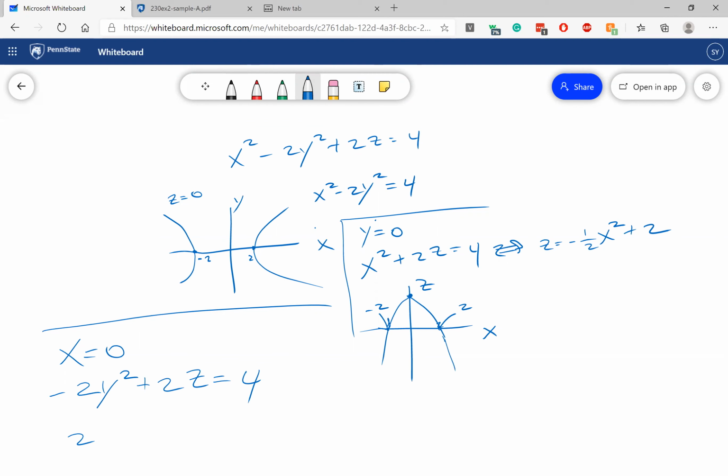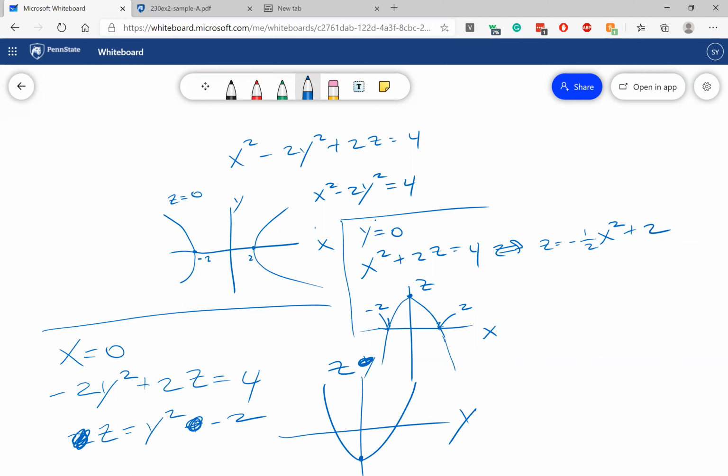So that means 2z is going to be equal to y squared plus 2 or -2. And so then the graph of this would be y. Let's make this z, this y. So then it starts at -2 and it increases. So it would be a parabola that looks like this.